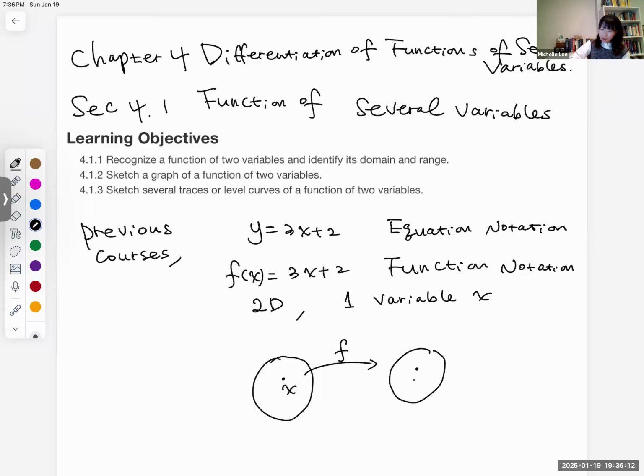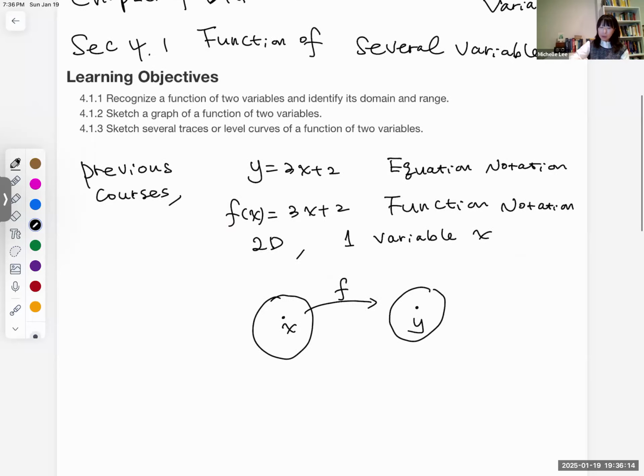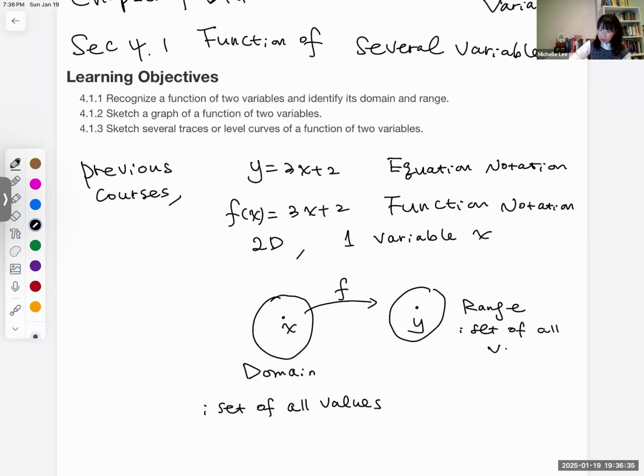to the y, right? Okay, so then we say that this is the domain of the function. So what's the domain? The set of all x values. And we have the range here, the set of all y values. So in that case, we have a linear function, linear equation.